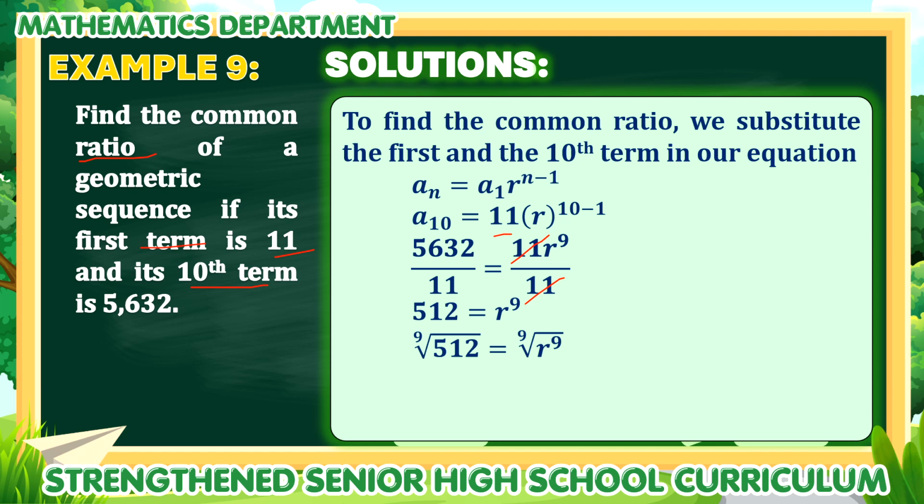So we have here the ninth root of 512 is equal to the ninth root of r raised to 9. As a result, we can cancel out this exponent here. So what is left on the right side is r. And the ninth root of 512 is just equal to 2. So therefore, our common ratio here is 2.